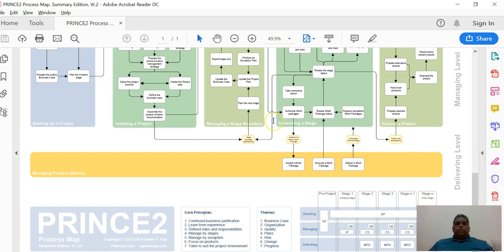Now, PRINCE2 is a popular methodology for managing projects, and the entire methodology of PRINCE2 is built around four integrated elements: number one, seven principles of PRINCE2; number two, the seven themes of PRINCE2; number three, the seven processes of PRINCE2; and number four, tailoring all of these elements to suit the project environment.